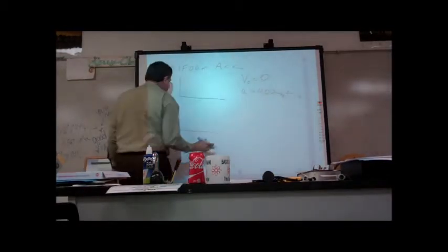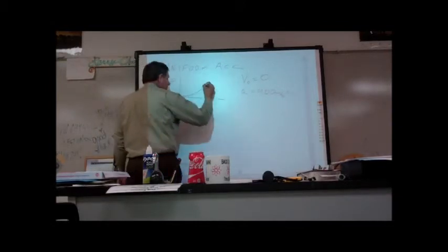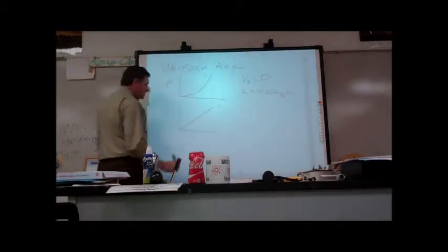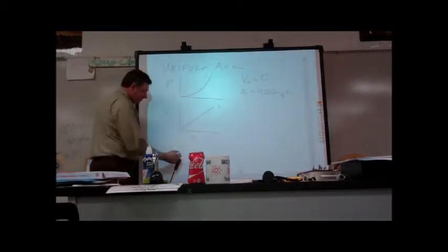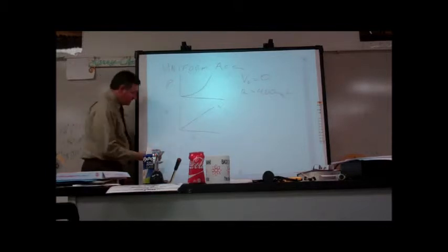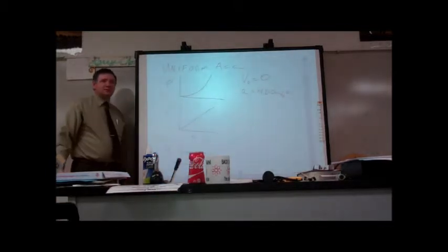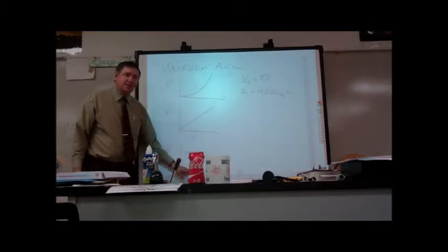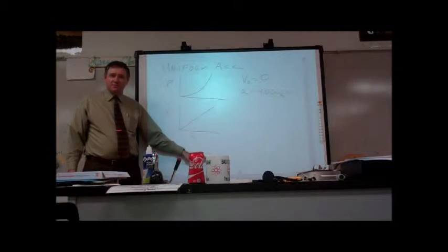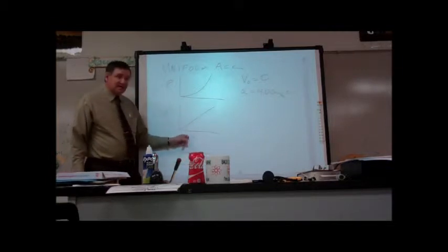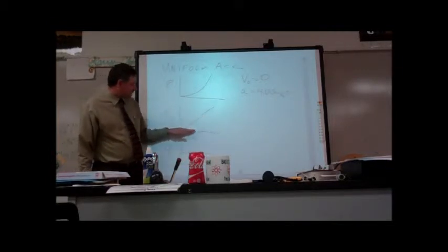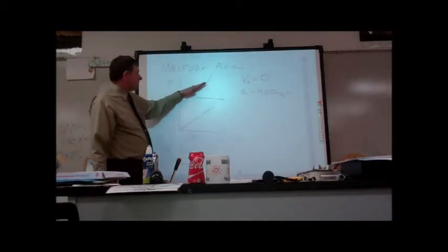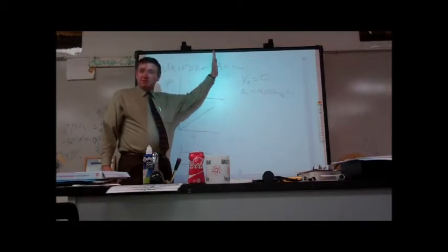So my position time graph is going to be a curved line, my velocity time graph is going to be a straight sloping line, and my acceleration time graph is going to be a horizontal line. All of these are showing the same thing: uniform acceleration. It's shown by the velocity time graph because my velocity is changing the same amount in each time interval, and by the position time graph because the slope is continuously changing.